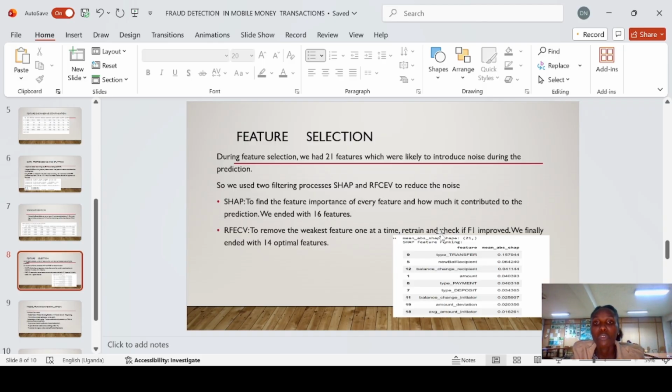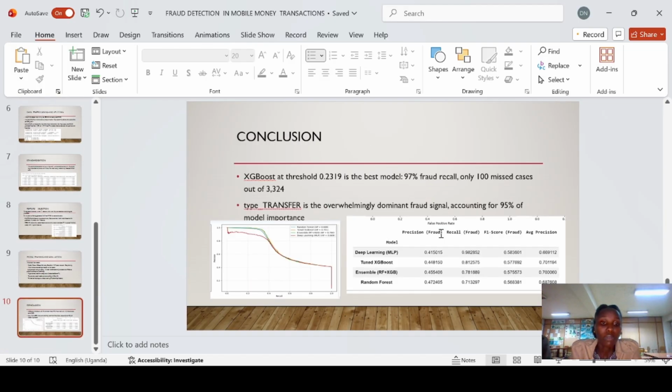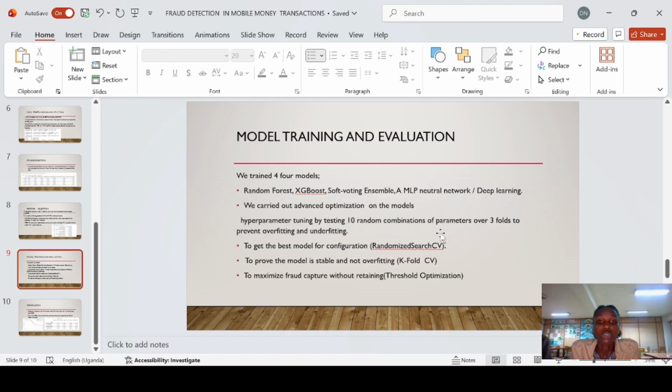To further improve performance, we used randomized search CV to tune key parameters such as tree depth, the learning rate, and the number of estimators. We then performed threshold optimization. Instead of using the default probability of 0.5, we found that a threshold of 0.23 increased fraud recall to 0.97, which is 97%, while maintaining the same F1 score.